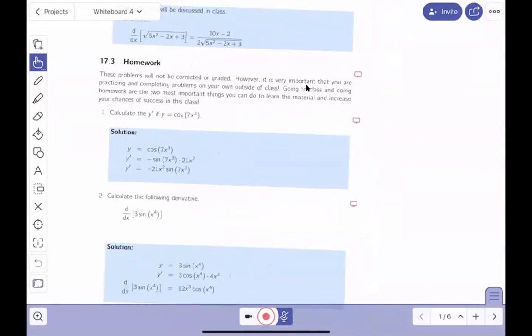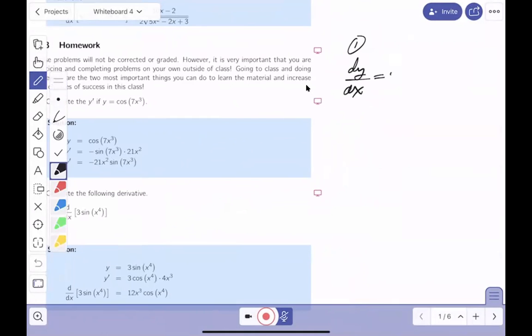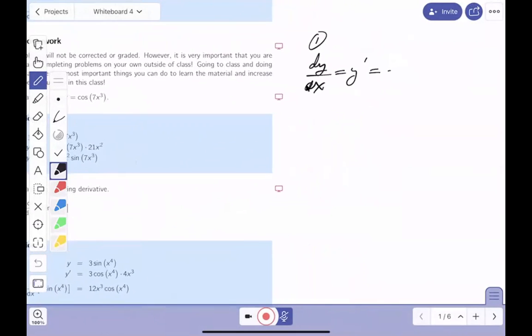Problem number one, I'm kind of looking at it, and I want to take its derivative, and it's going to be dy dx. All right, this over here, this is problem number one. So dy dx, that's y prime. And what do I have over here? Well, the derivative of cosine, this is the outermost function, is going to be minus sine, and its argument is going to be 7x cubed.